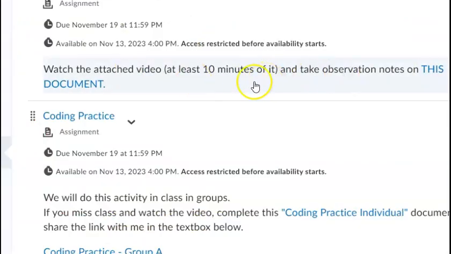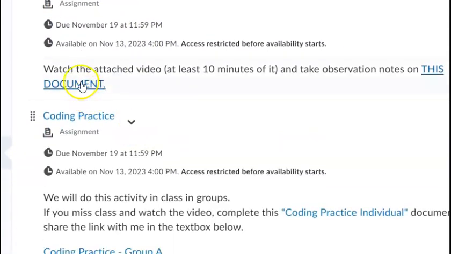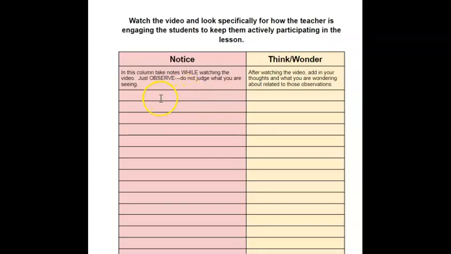Okay, the video is attached to this assignment here, this observation activity. And here's the document you're going to write in. In this document, you'll notice you have this column of things that you notice. So just observe, don't judge what you're seeing, and just jot down as quickly as you can all the things that you notice while you're watching the video.